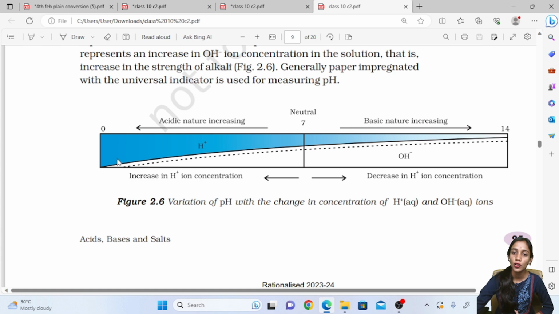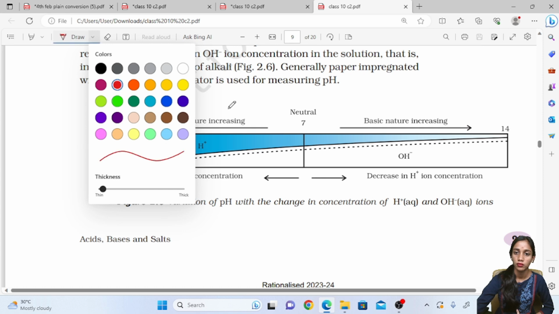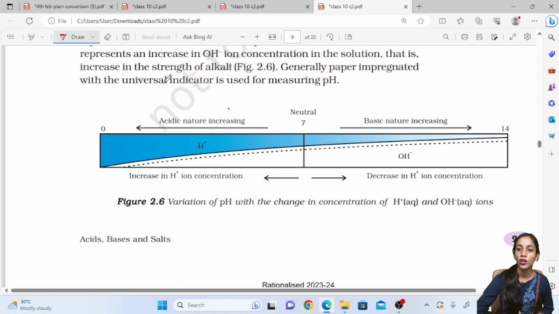So this is a pH scale from 0 to 14. From 0 to 7 we have the acids, but the acidic nature increases towards the lower side.